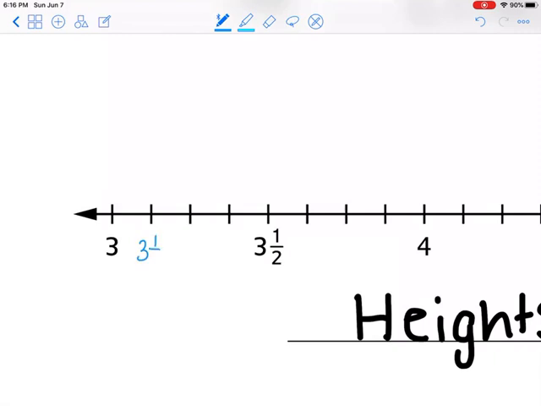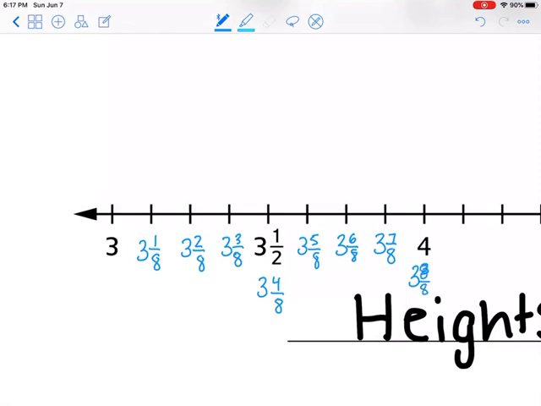So this would be 3 1/8, 3 2/8, 3 3/8, and this is 3 4/8, which is the same as 3 1/2, 3 5/8, 3 6/8, 3 7/8, and 4 represents 3 8/8, because that equals a whole.